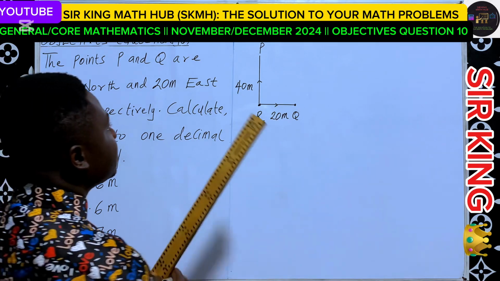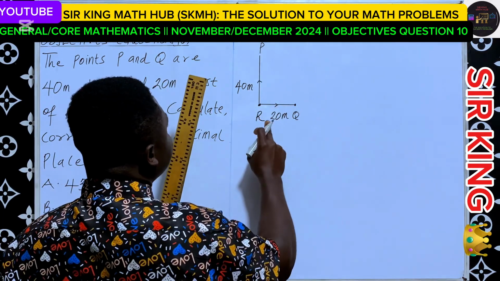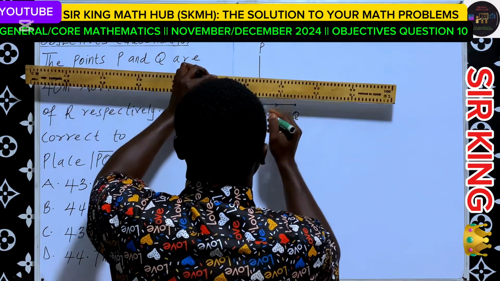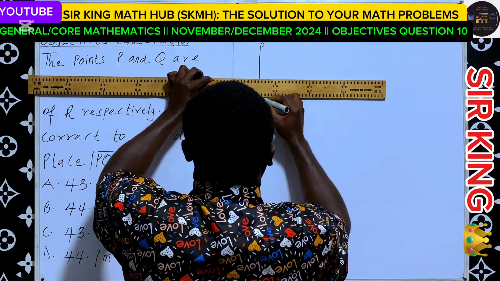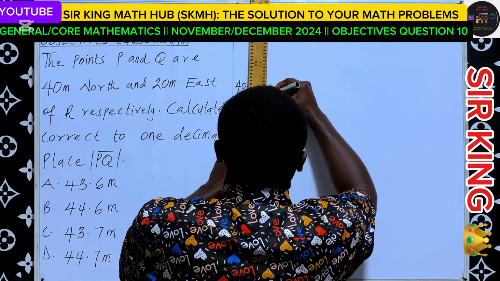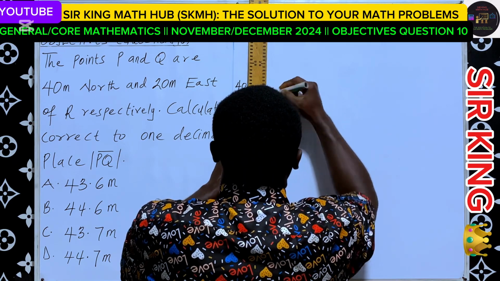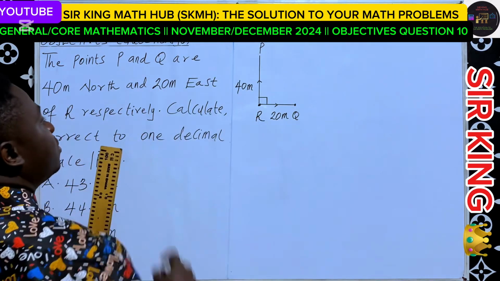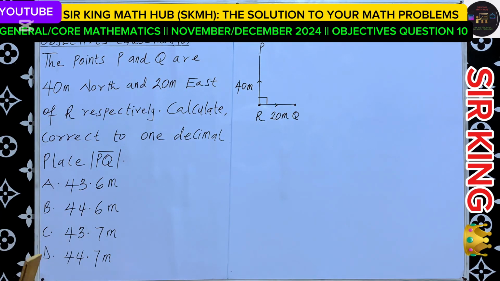Now, don't forget that these two lines, line PR and line RQ, will meet at a right angle because they are perpendicular to each other. Now with this, we have to calculate, to one decimal place, the length of line PQ.